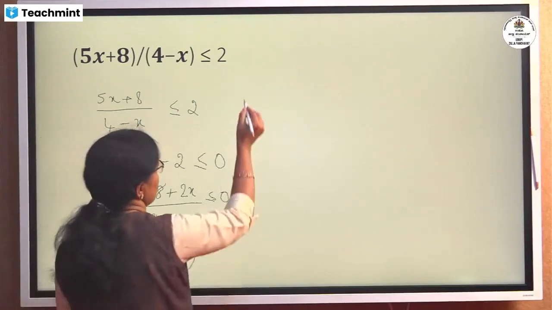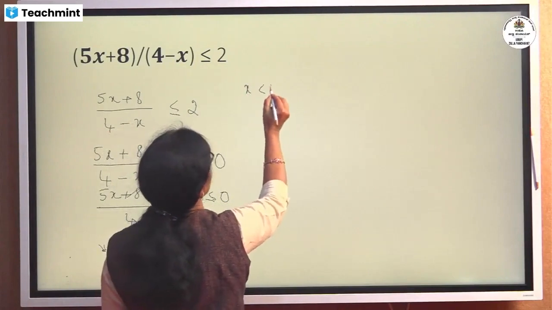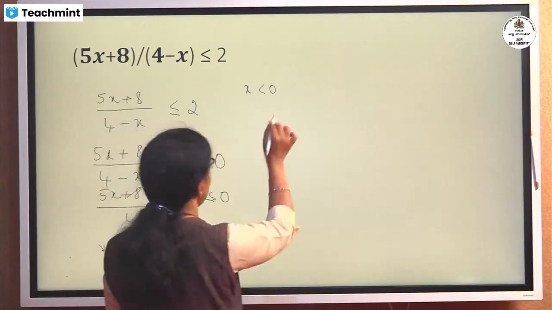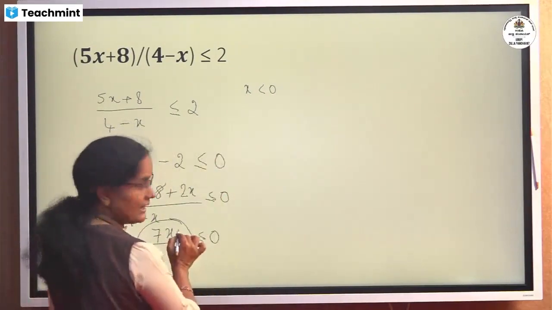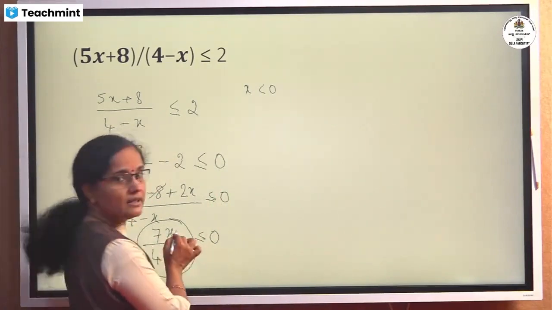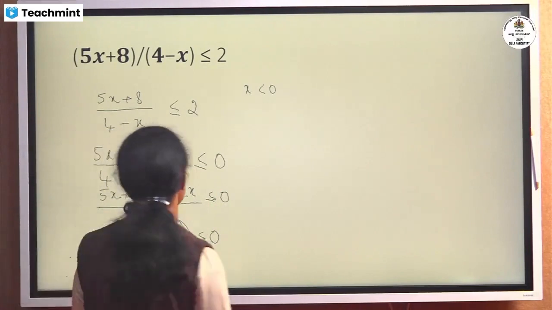I will take the sign of the numerator. If x is negative, means x is less than or equal to 0, the numerator is negative, then the denominator must be positive, so that negative divided by positive is always negative.